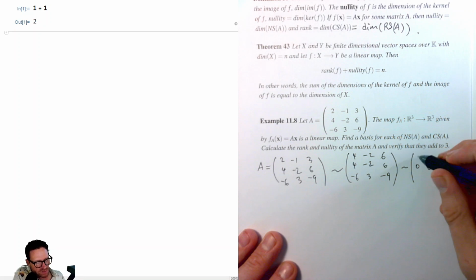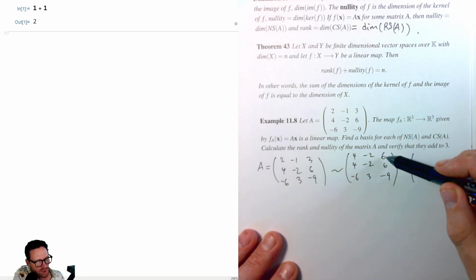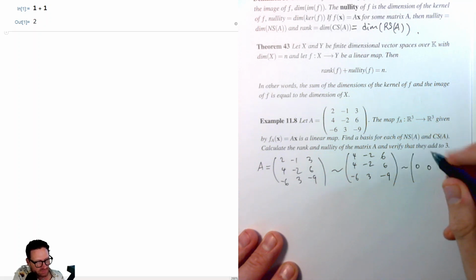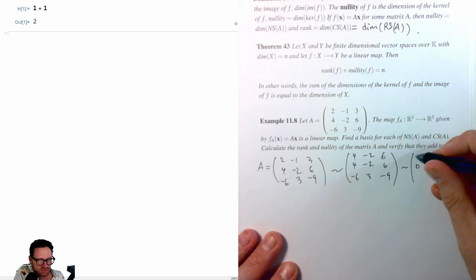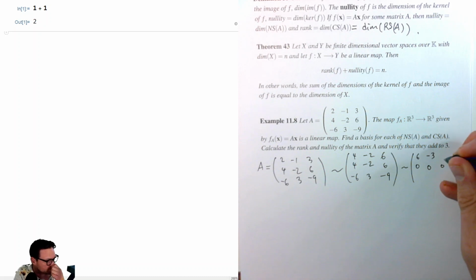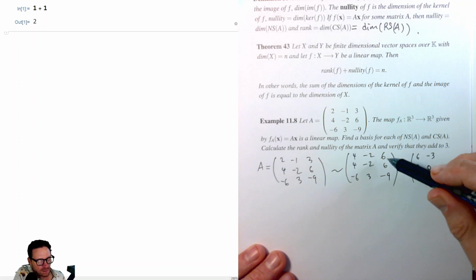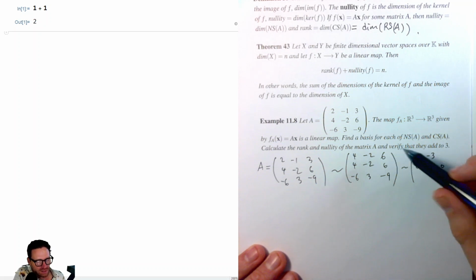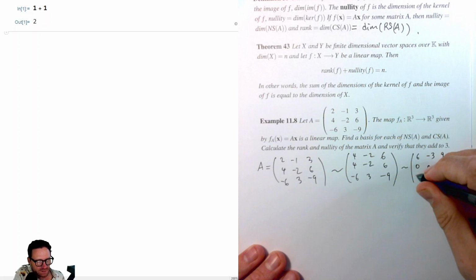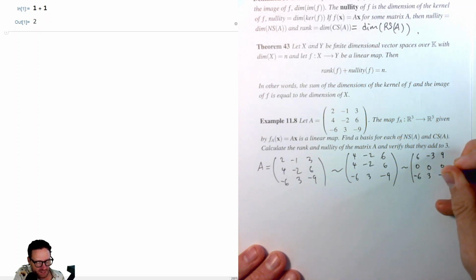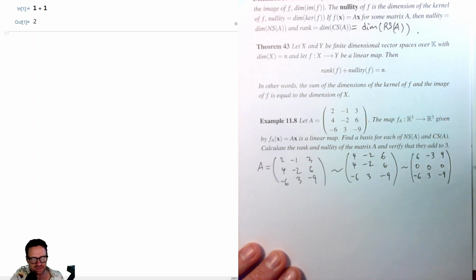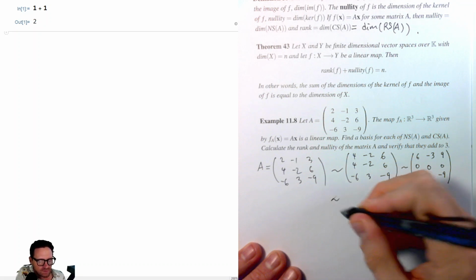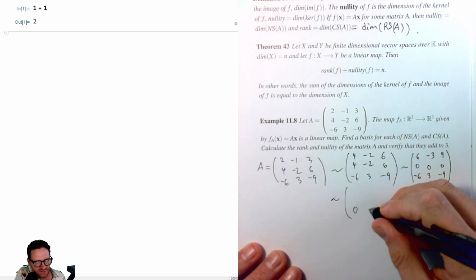And now let's multiply row 1 by 3 over 2. So we'll get 6, minus 3, and 9. Then we still have -6, 3, and -9. Now we can see that row 1 and row 3 added together will give us a row of zeros. So we have 2 rows of zeros.